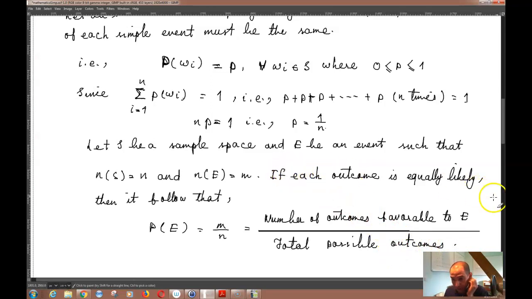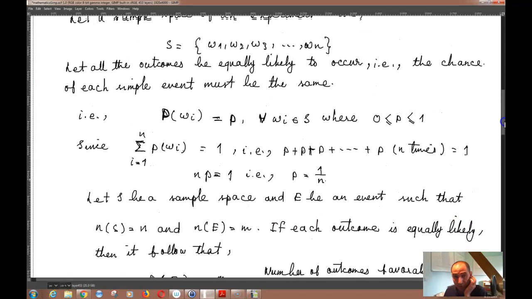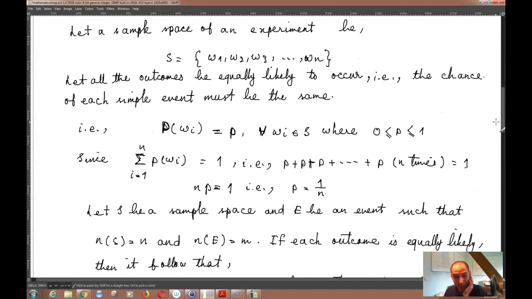Okay, so to recap, let's review that. Let the sample space of an experiment be, for example, S is equal to omega 1, omega 2, omega 3, all the way up to omega n. And let all the outcomes be equally likely to occur. That is, the chance of each simple event must be the same, which makes sense.